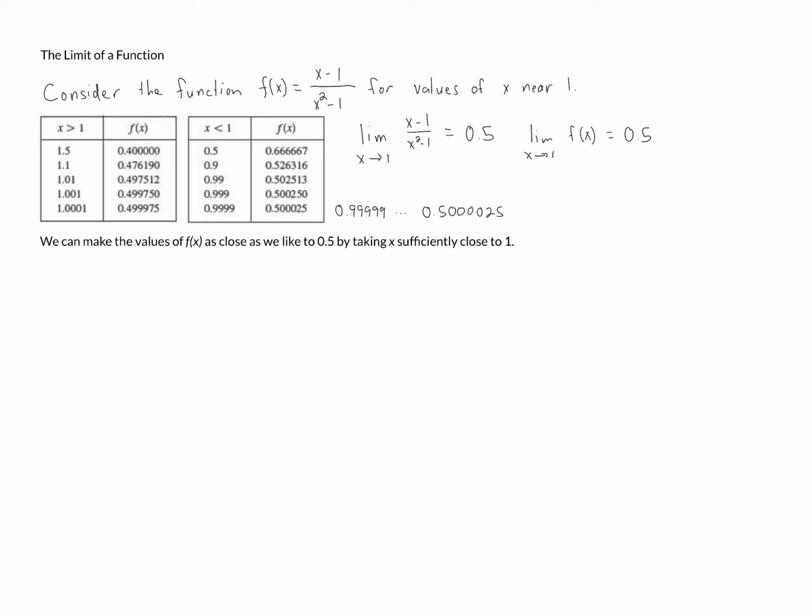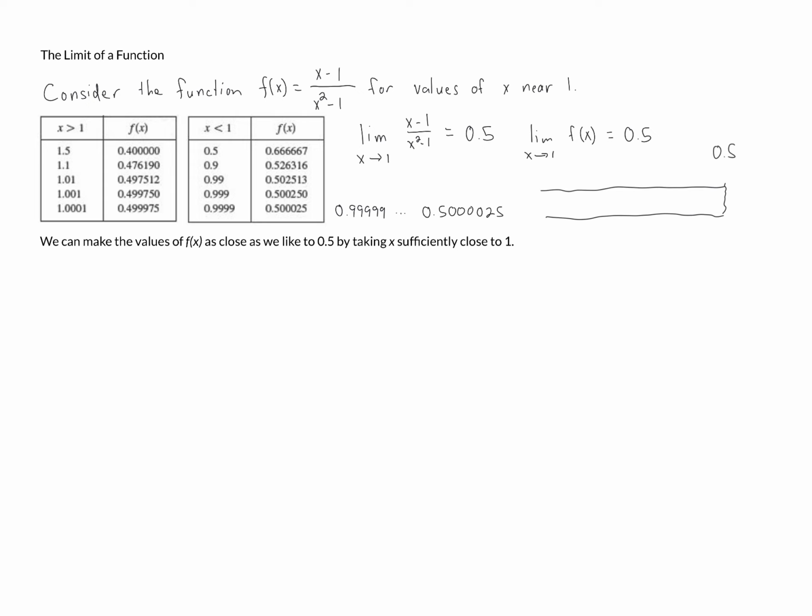And let me try to show you kind of graphically what I mean here. Let's use a metaphor here. Let's pretend that it's a race. And the end of the race, the finish line, is at 0.5.